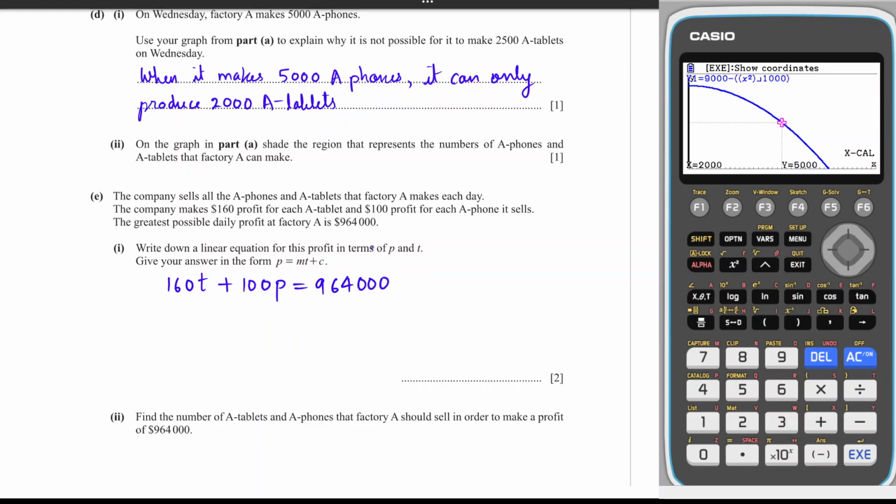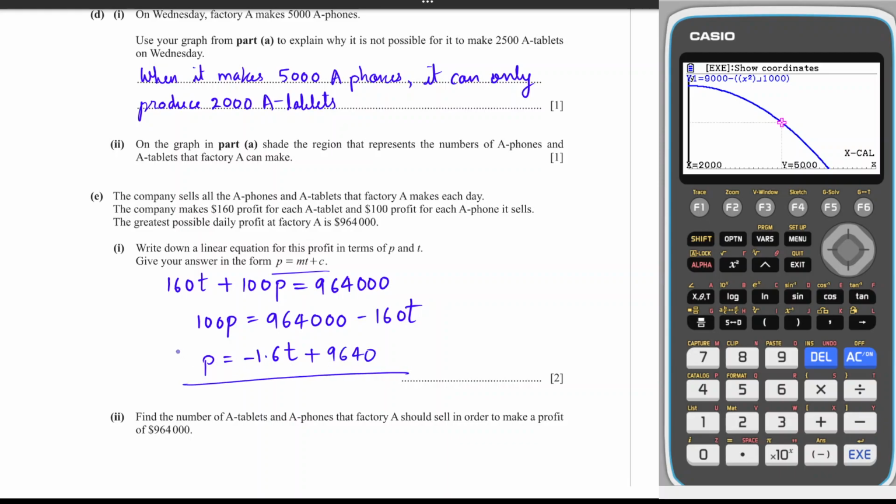And we just have to express in the form P equal to MT plus C. So let's write this as 100P is equal to 964,000 minus 160T. I can rewrite this as P is equal to, divide throughout by 100, this becomes 1.6 minus 1.6T plus 9640. This is my final expression.